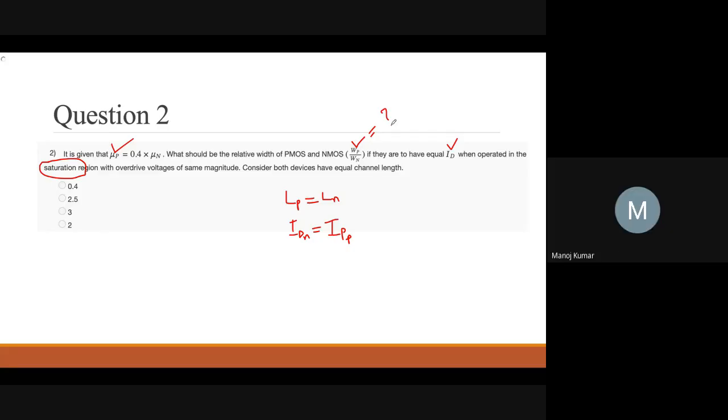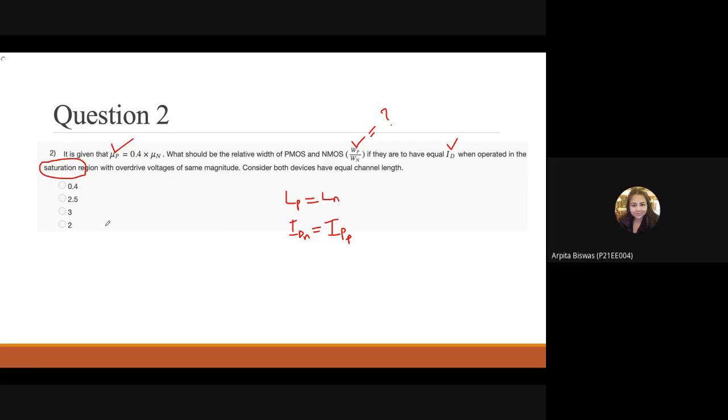Ma'am, this is the formula for saturation: ID is equal to 1 by 2 mu COX W by L into VGS minus VTH whole square, ma'am. Okay. And VGS minus VTH is also known as the overdrive voltage. So we can directly substitute that for both the conditions, cancel and equate both the currents, and we can get the value, ma'am, by substituting all other values.